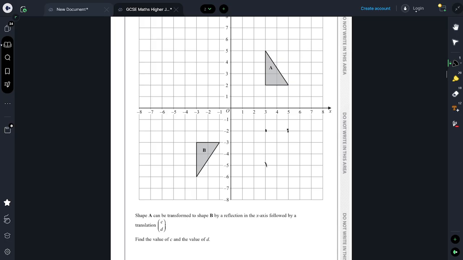Here we are. And there we are, roughly there. It's a bit messy. Let's get rid of this little bit. Oh, I got rid of the line. Let's get rid of that. I'm trying to use a ruler here.